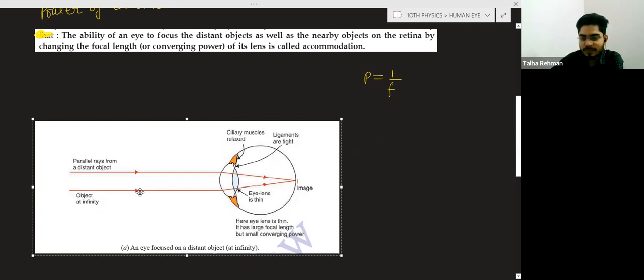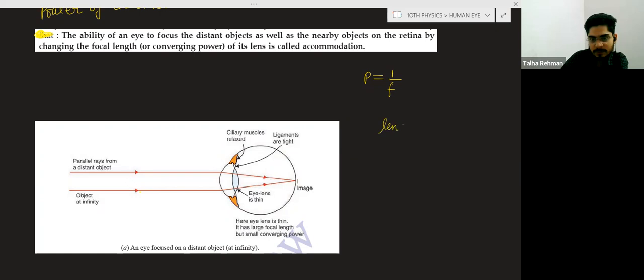Okay, so remember one thing: if your eye lens is thin, this thing you should know. If your lens becomes thin, then you can say your focal length, small f means focal length, is large. If your focal length is large, then you can say your power is small, converging power.